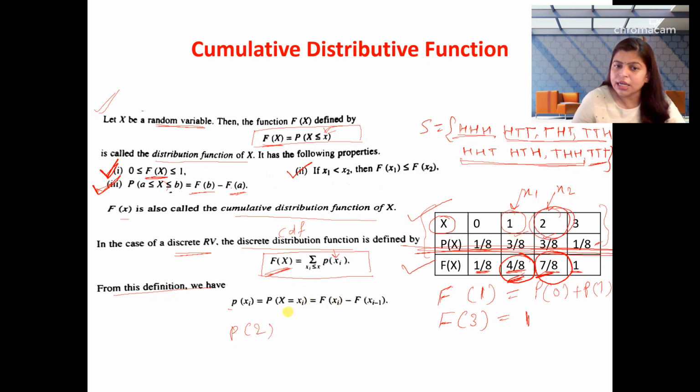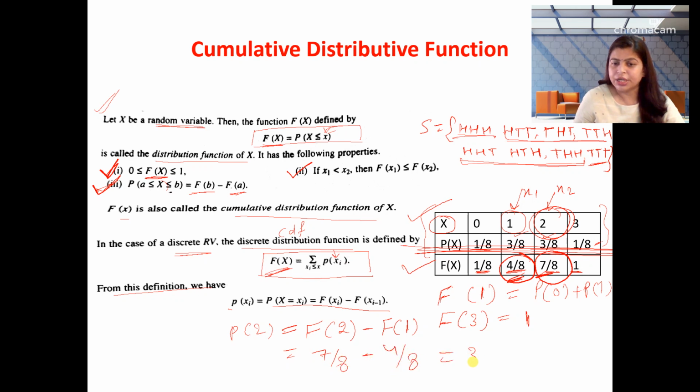So accordingly, using this definition, what should be our formula? We should look for the CDF at this point. So the probability at this point is basically CDF at 2 minus CDF at 1, the preceding number. Here CDF at 2 is 7 by 8 minus 4 by 8.